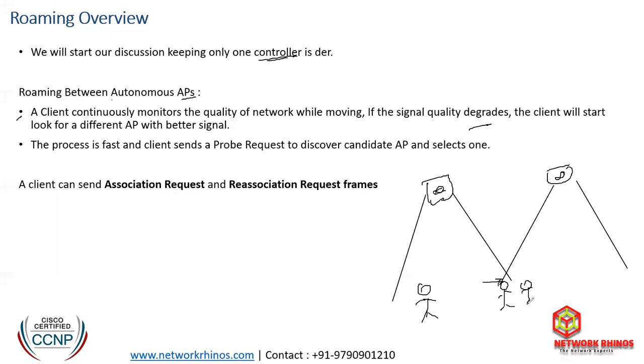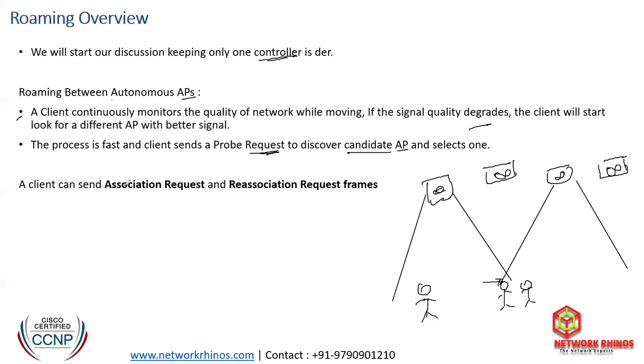It happens in a fraction of a second, so your client will never feel a disruption in the network. Okay. So when a client actually moves from one area to another area, my client needs to send something called a probe request to discover the candidate AP. Candidate APs are nothing but the APs which are available in the whole area. We can term it as candidate AP.